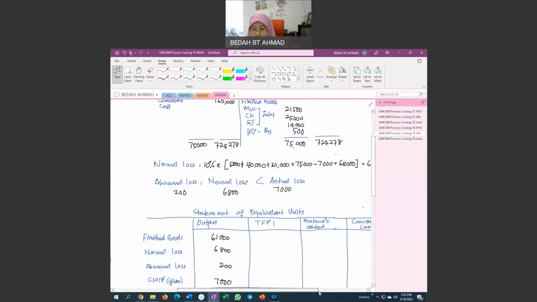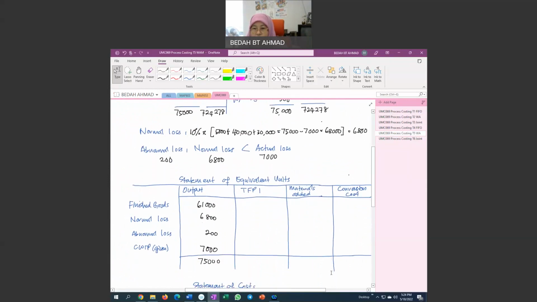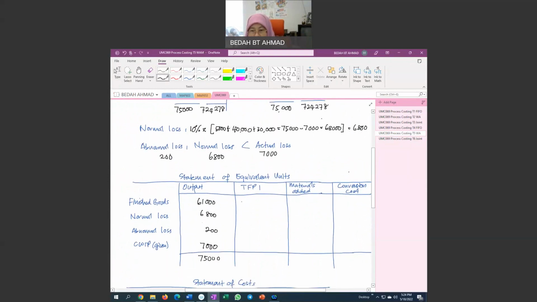Okay, for the finished goods, it is 100%. The rest, this one also, transfer from process one, considered as completed for the finished good, 61,000, and the rest also in the transfer from process one is considered as 100% completed.